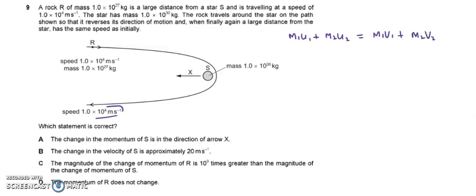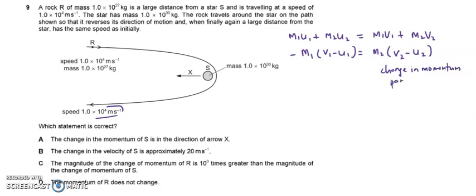So looking at the change in momentum for mass 1, particle 1, this will be V1 minus U1 with a negative sign. Whereas for the change in momentum for particle 2, we have V2 minus U2. So this is the change in momentum for particle 2.